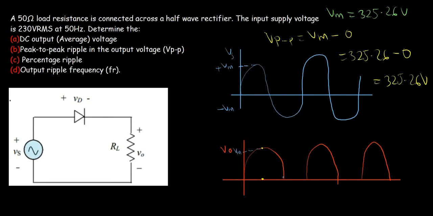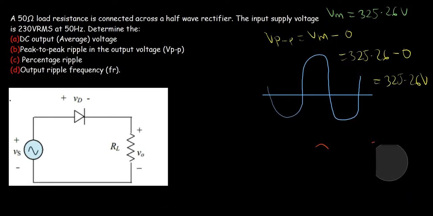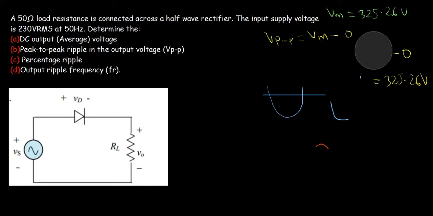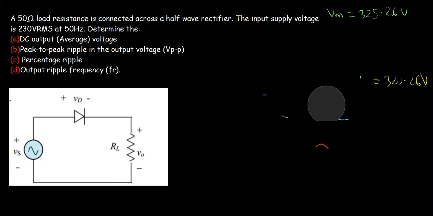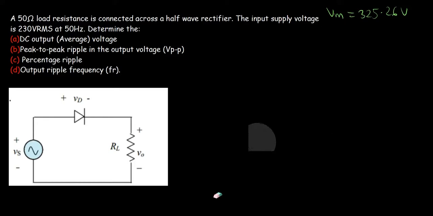Okay, so that's the voltage peak to peak here. Alright, so let's go and solve for the C part also. Okay, so we got V peak to peak to also be 325.26 volts.